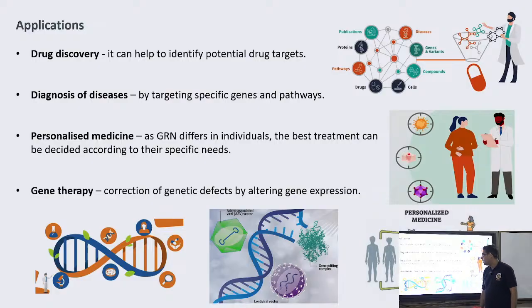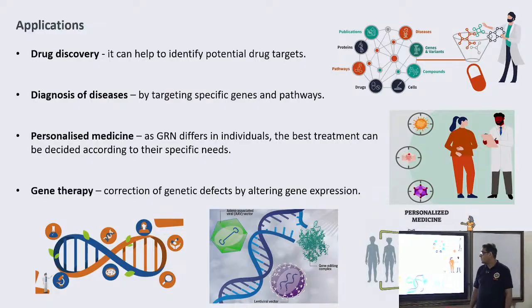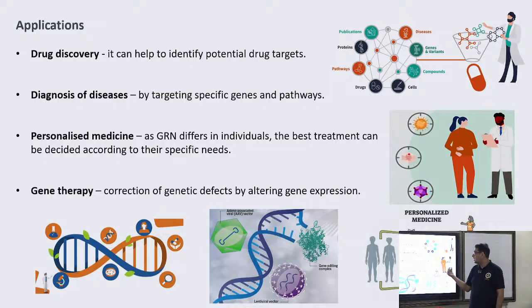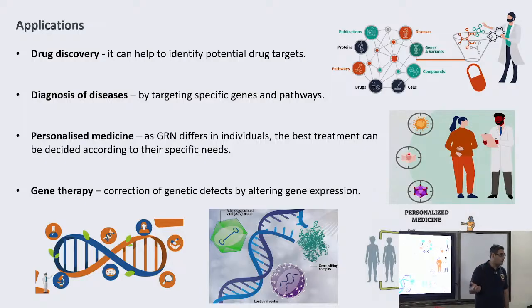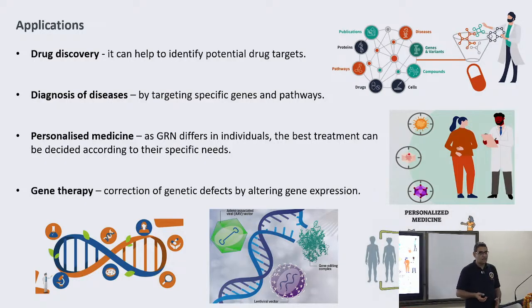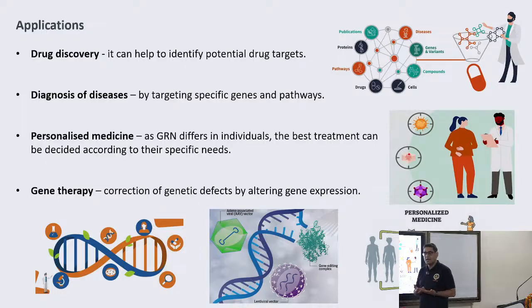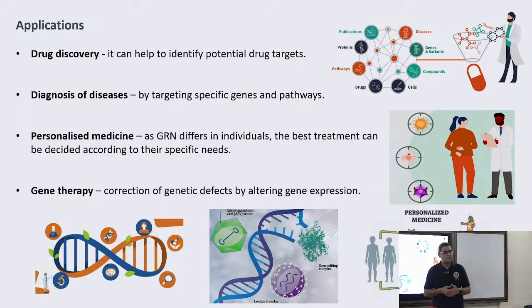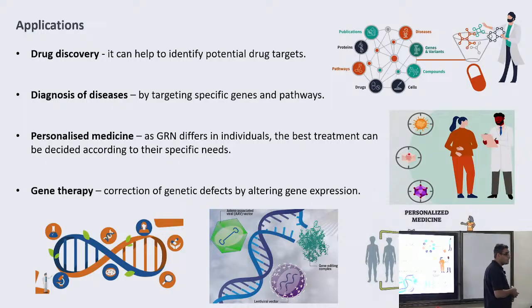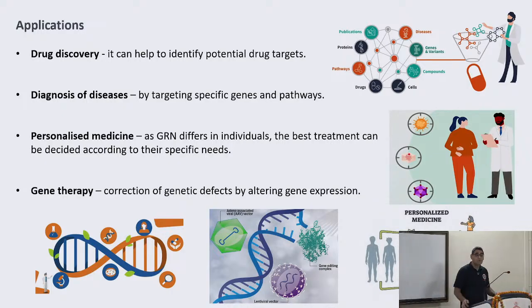Personalized medicine, okay. So if you see gene regulatory networks differ in individuals, the best treatment can be decided according to their specific need. So every individual is different, you know. So the gene network will also have some changes. So if you want to decide a medicine or personalized medicine, or like you talk about antibiotics, ARG, you have heard about it, antimicrobial resistance.